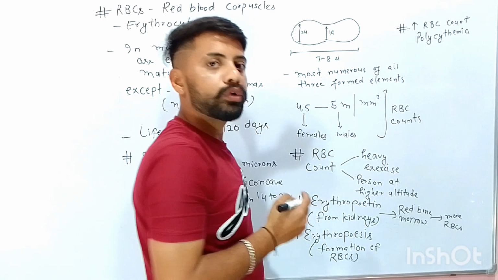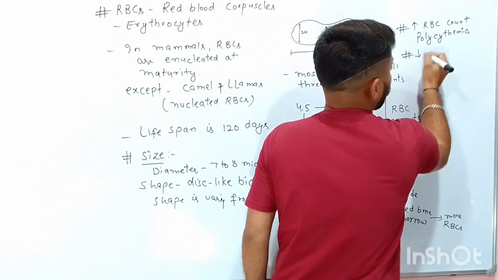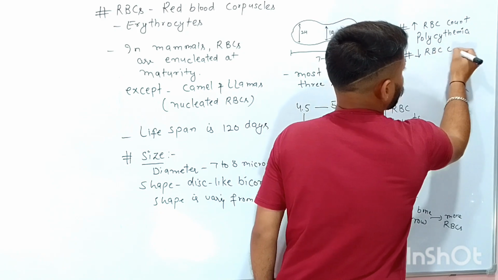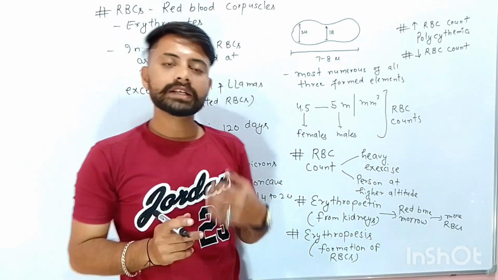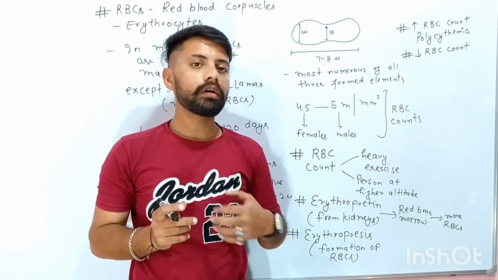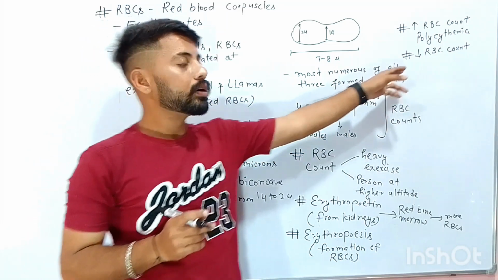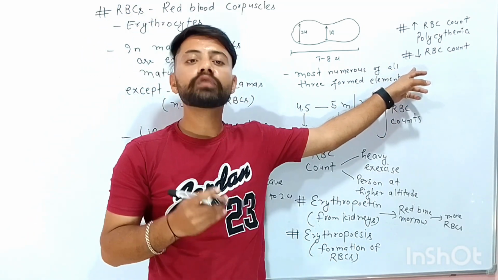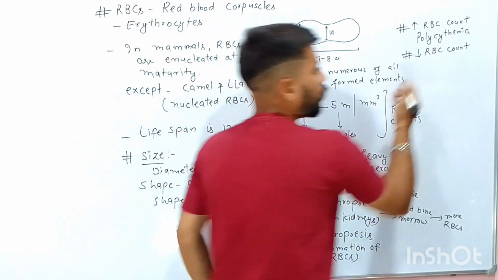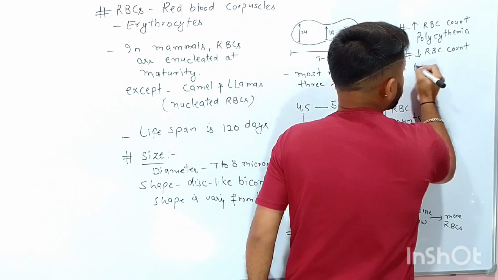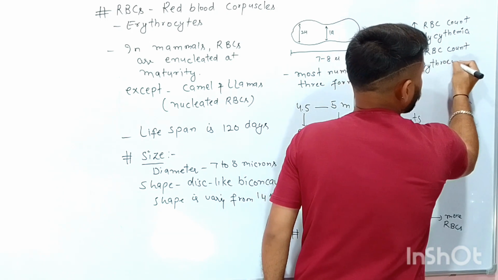If the RBC count decreases, that is a fall in RBC count, it could be because of accidental reasons like blood loss during surgeries, accidents, and it could also be a nutritional deficiency that results in lowering the RBC count. If there is a fall in RBC count, then that condition is known as erythrocytopenia.